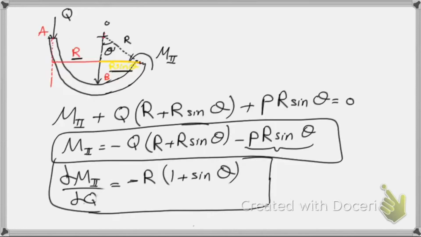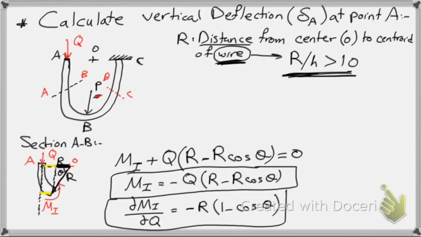So let's write down the formula. The deflection at point A, delta A, is going to be equal to 1 over EI, the integral from 0 to pi over 2. And why did we pick pi over 2?